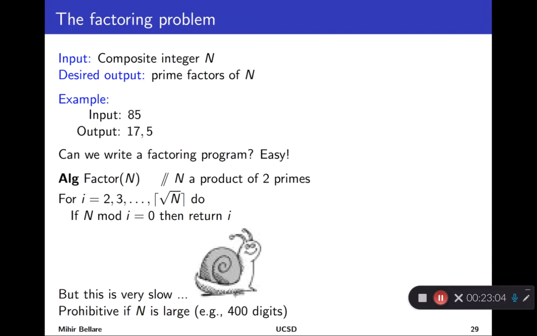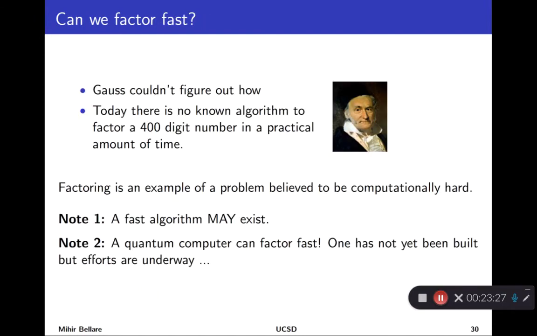But factoring a 400-digit number with this algorithm will require approximately square root of the number steps. A 400-digit number is of the magnitude of 10 to the power 400. So you're talking about something like 10 to the power 200 steps. And nobody has that kind of computing time. So this algorithm just doesn't cut it.